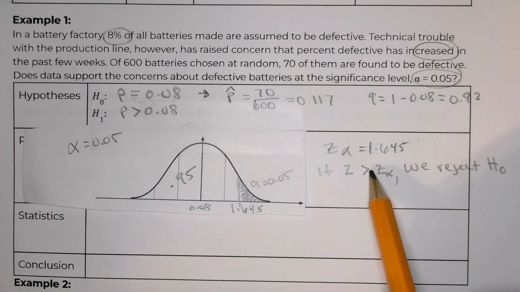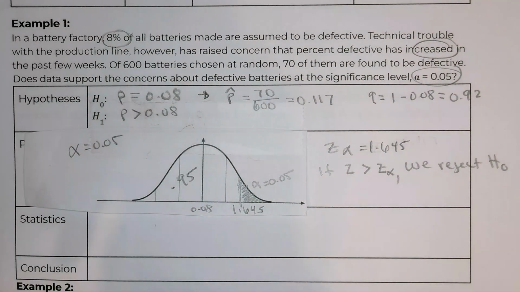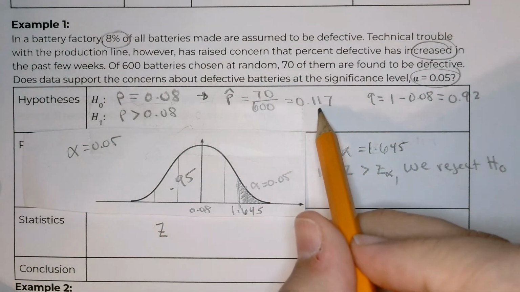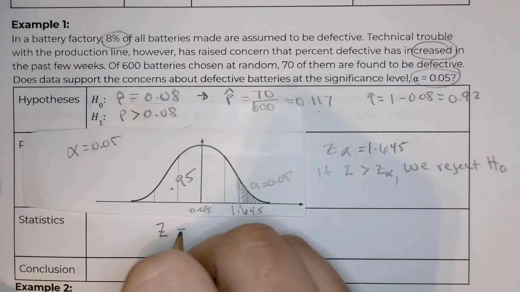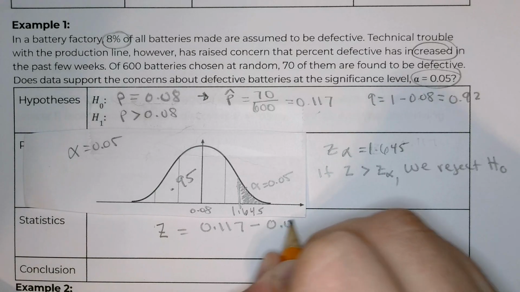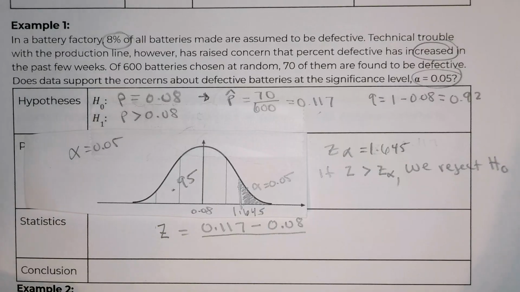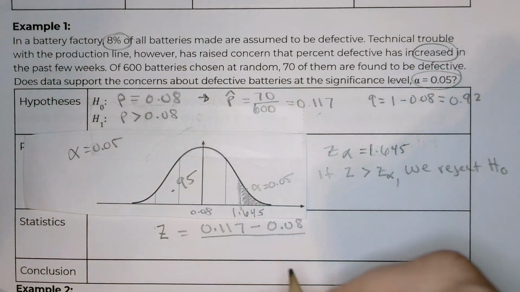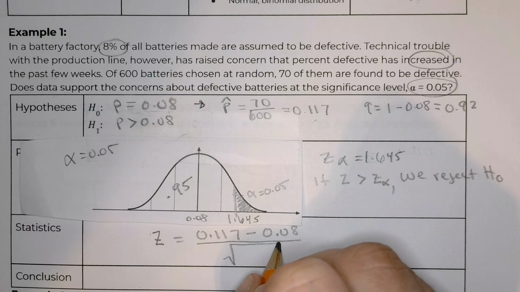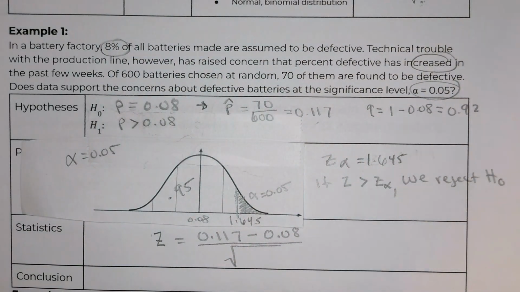Now that I've made a decision on where my cutoff is, I can run the test statistic. We've done this before: we take the proportion from our sample, subtract the proportion that we think it is, the experimental minus the theoretical, and divide by the square root of p times q over n.